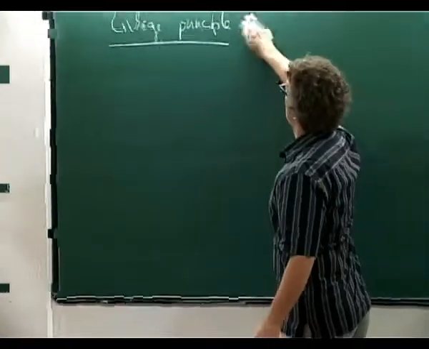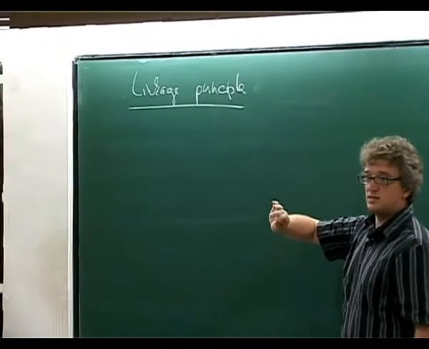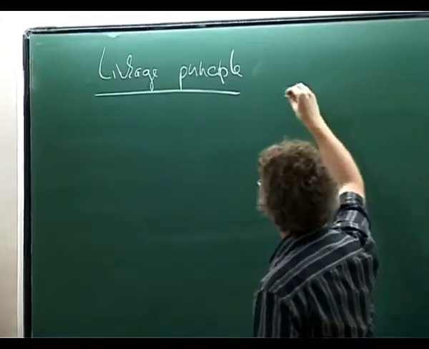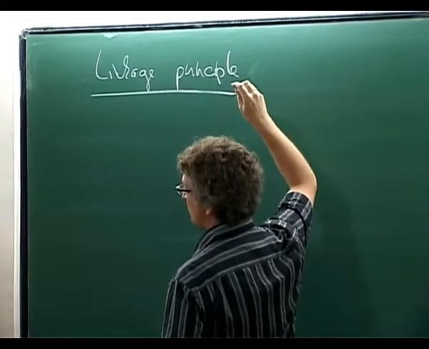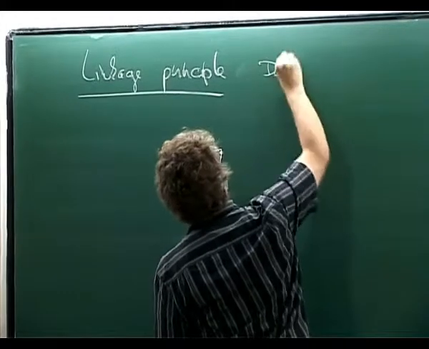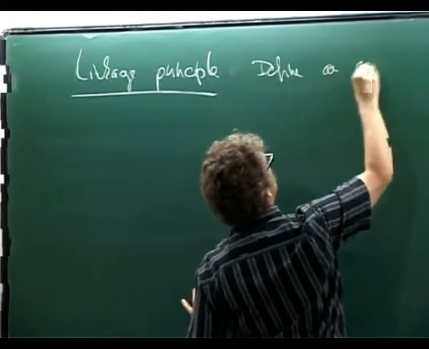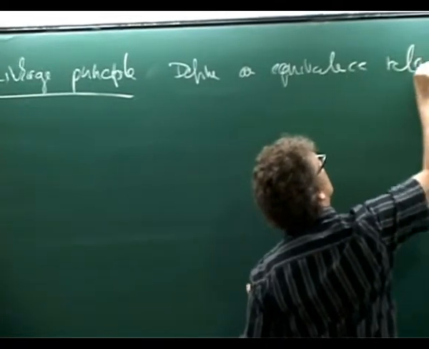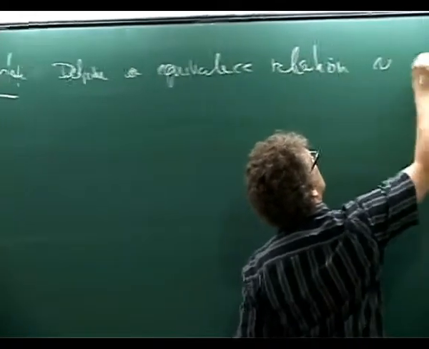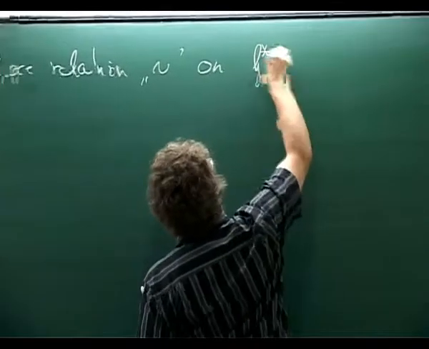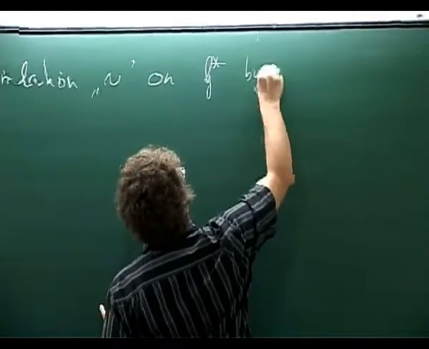So now let me just state the linkage principle and not prove it here to save some time. So this says the following. So define an equivalence relation denoted by this tilde on the dual of the Cartan by the following.